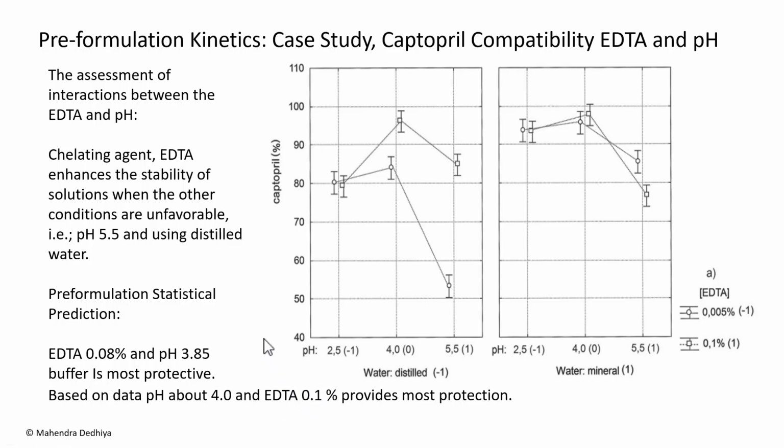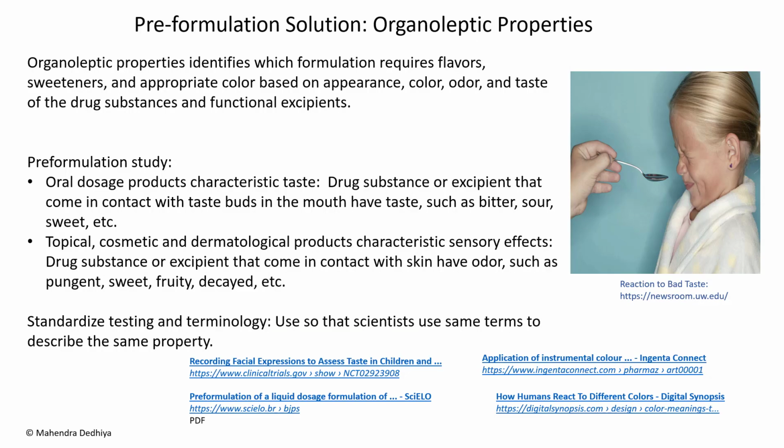This type of information on compatibility comes from preformulation and provides formulation guidance. Organoleptic property, or sensory property for cosmetics, requires flavors, sweeteners, and colors based on the taste of the drug substance or functional excipient, and their physical appearance.